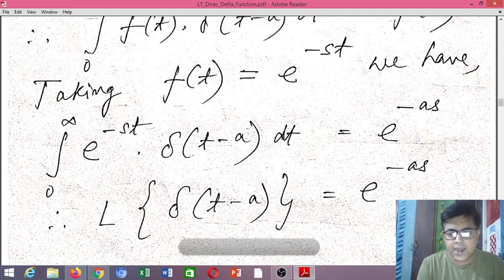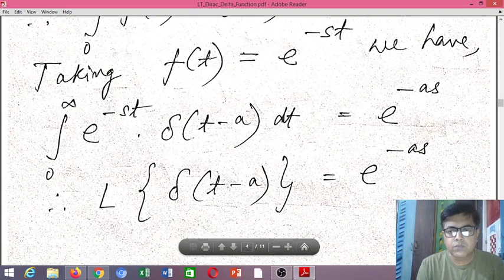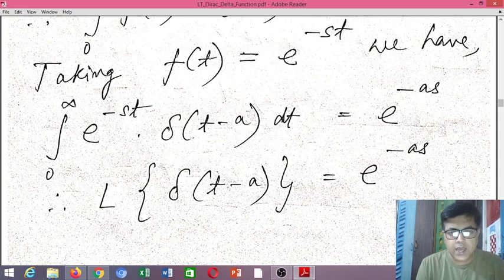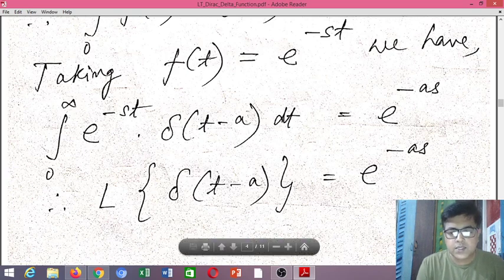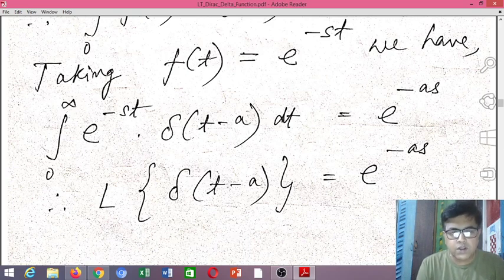Now if you put that, and if you use the filtering property, then by definition of the filtering property it should be e to the power minus sa, because it says that the integral from 0 to infinity of f(t) delta(t minus a) dt will be equal to f(a). So in place of f(t), if I write e to the power minus st, in place of t I will just write the value a, so it will be e to the power minus sa. So now what is the left hand side?